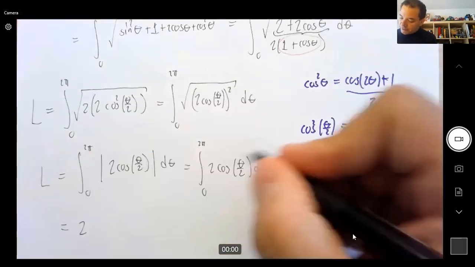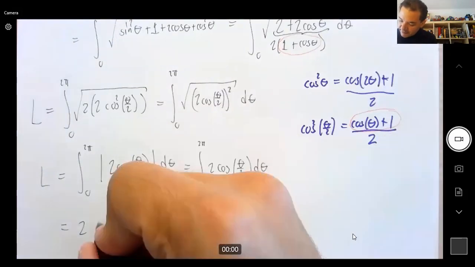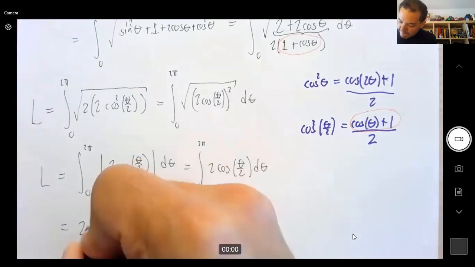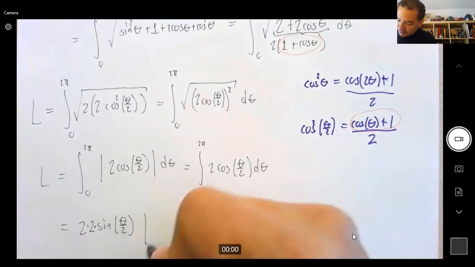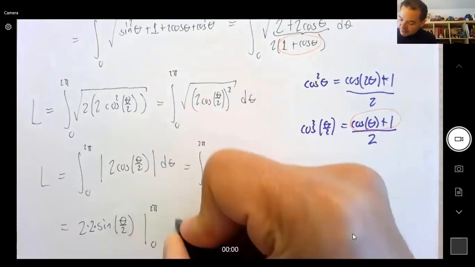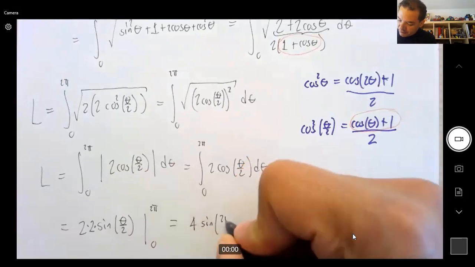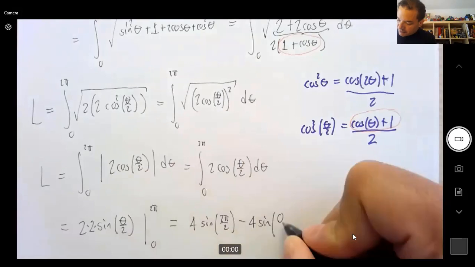The integral of cosine theta over 2 is sine theta over 2 times 2. And we want to do this from 0 to 2 pi. So this is 4 sine of 2 pi divided by 2 minus 4 sine of 0 divided by 2.